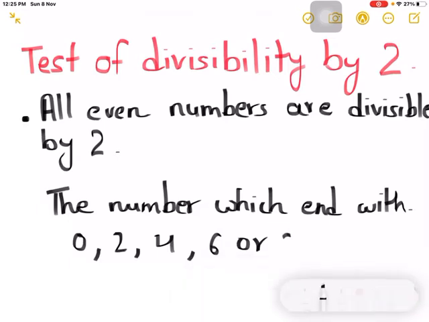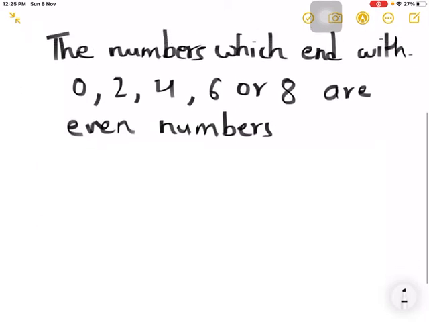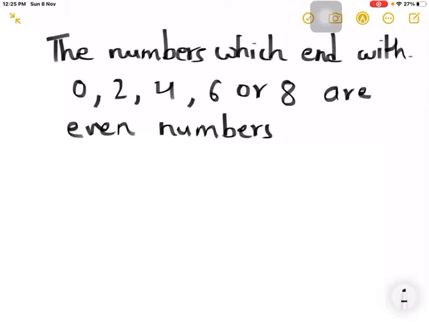For example, 11 is not an even number because here we do not have 0, 2, 4, 6 or 8 at the end of this number, so this is not an even number, isn't it?